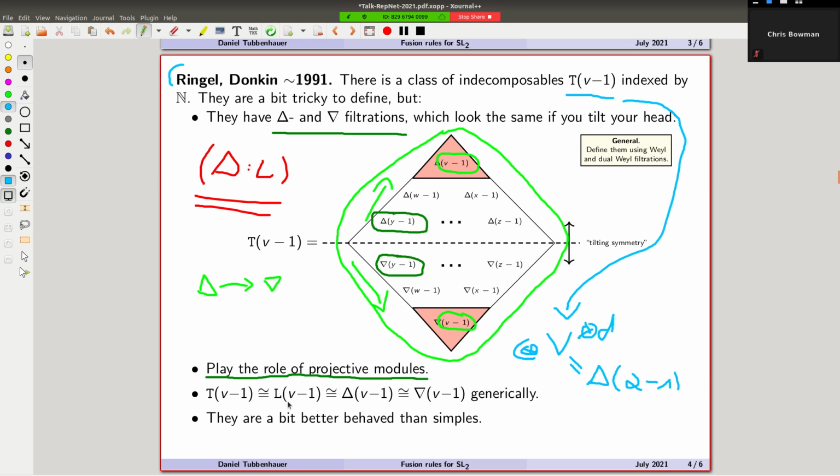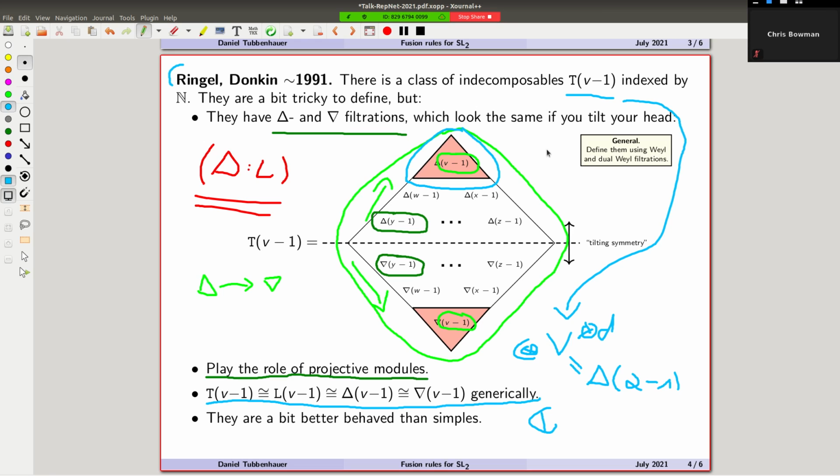And kind of the point is why you might not have seen them if you are usually doing some kind of generic representation theory over characteristic 0, let's say over the complex numbers. There's this really general theorem. If a tilting module happens to be its top delta module, so this one here, my little triangle at the top, then actually it's also the simple module and also the delta module.